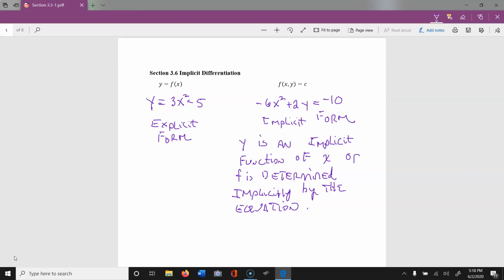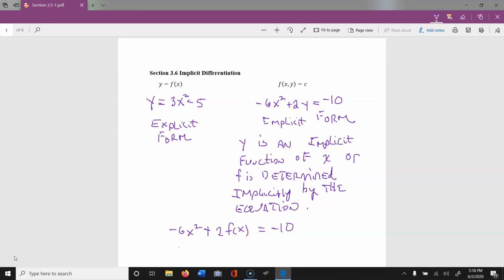Okay, now what I want to do is something like this. Okay, so here's again my minus 6x squared. And since y is an implicit function of x, I'm going to go ahead and replace the y with f of x, because y is an implicit function of x.